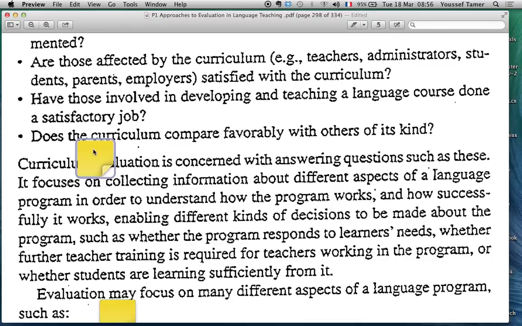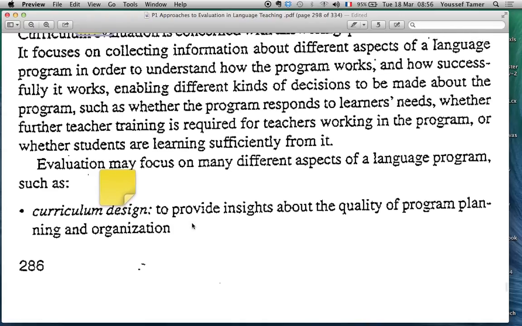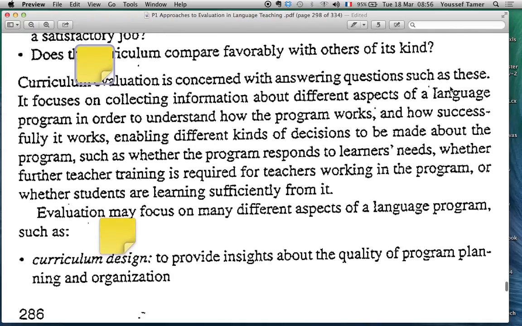Now, concerning the objectives, with answering questions such as these, evaluation focuses on collecting information about different aspects of a language program in order to understand how the program works. We're always referring to implementation and how successfully it works, enabling different kinds of decisions to be made.